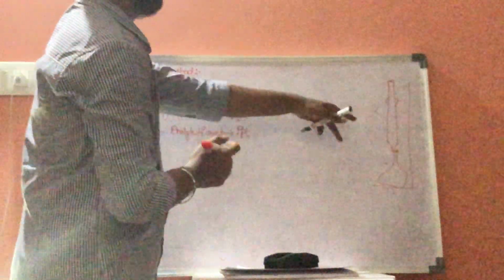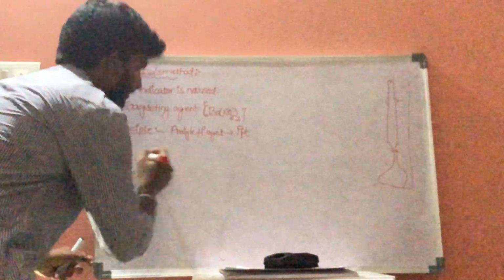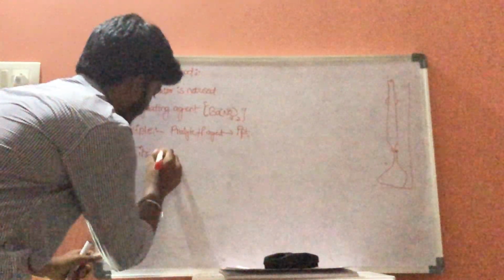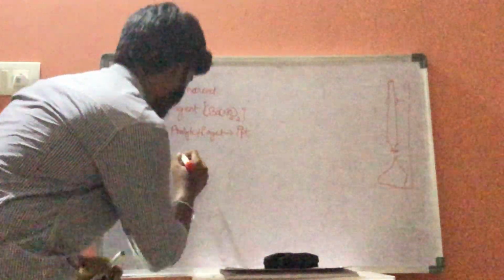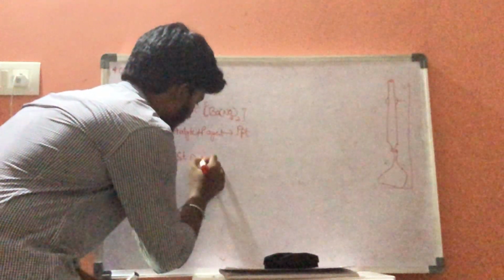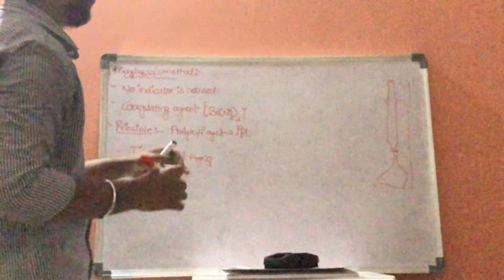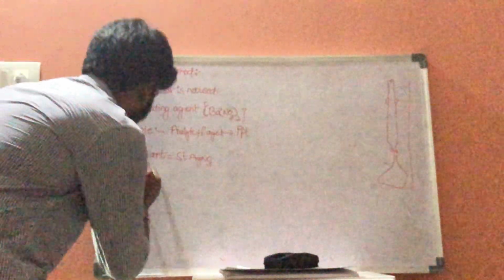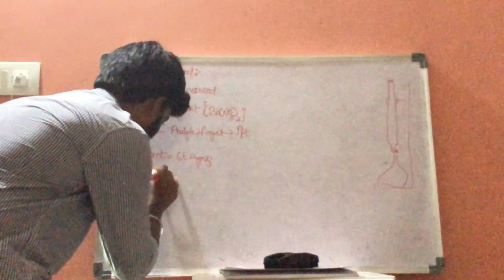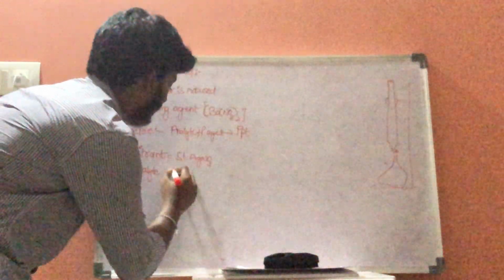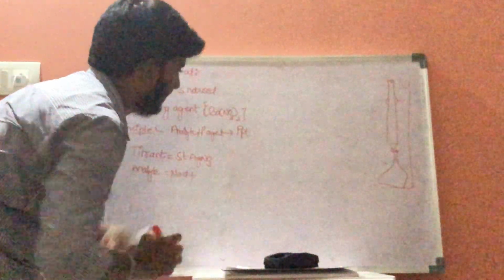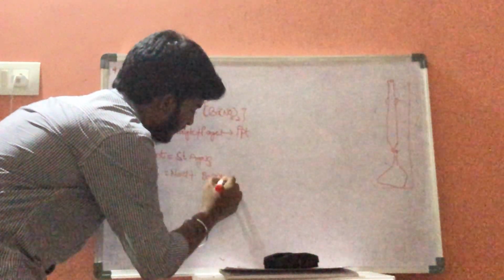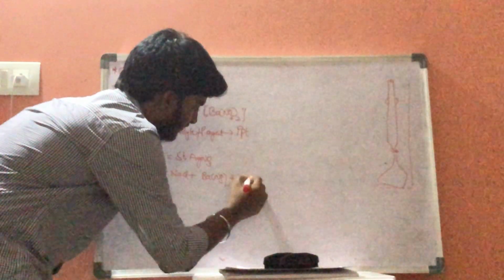Now the titrant is standard silver nitrate, which is taken in the burette. The analyte is sodium chloride plus barium nitrate plus HNO3.